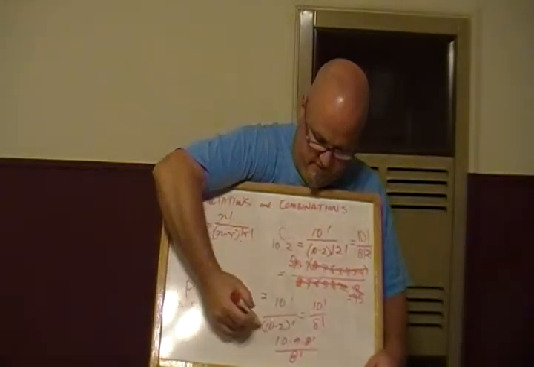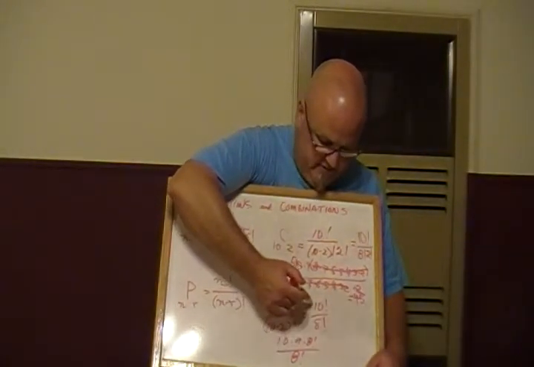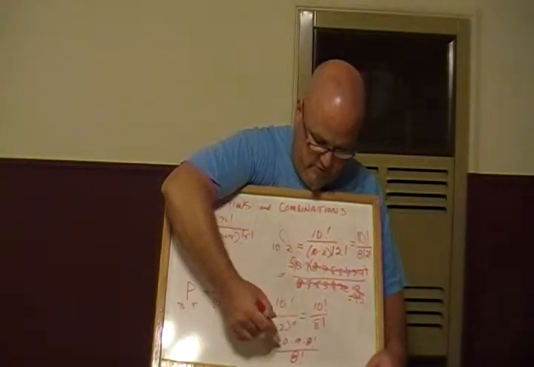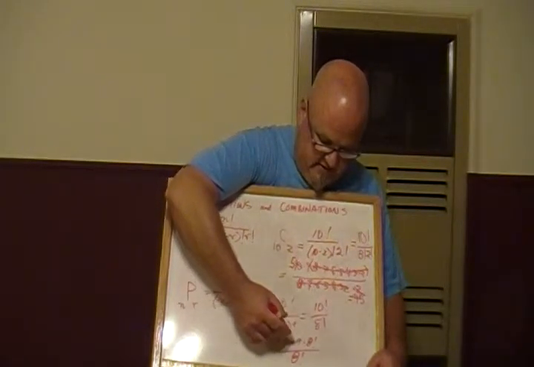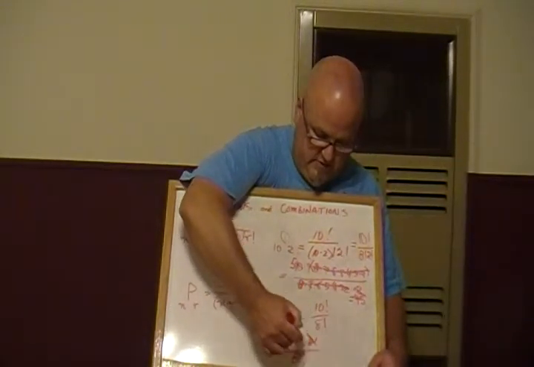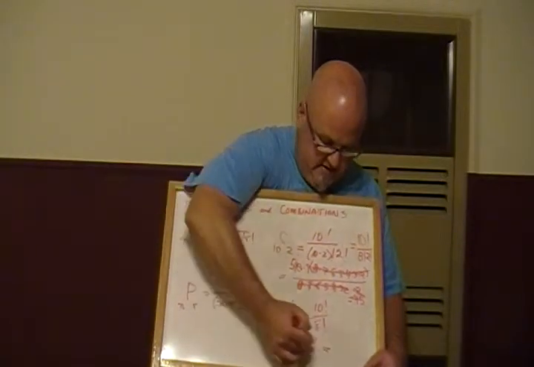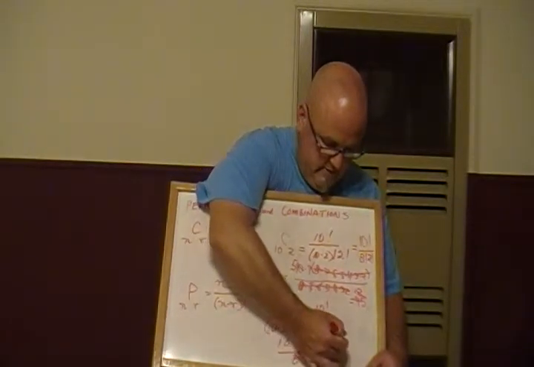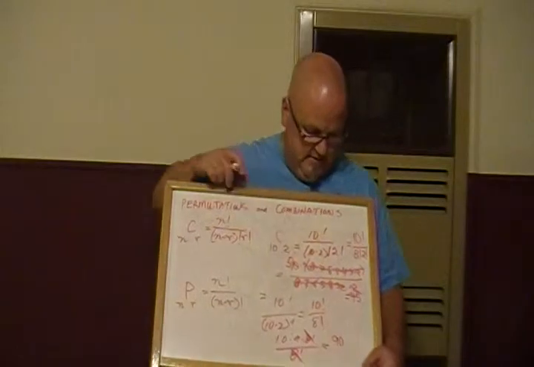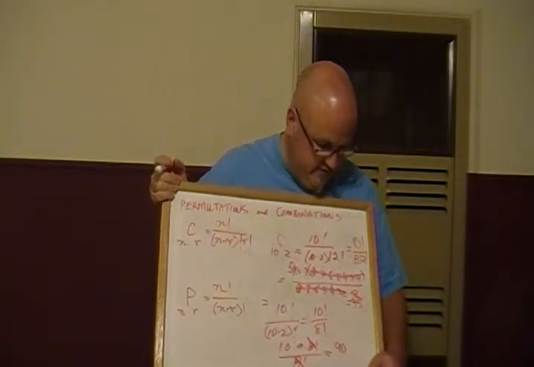You've got 10 factorial over 10 minus 2 factorial equals 10 factorial over 8 factorial, and remember 10 factorial is the same as 10 times 9 times 8 factorial. Whatever that big ugly number is divides out anyway, so we don't need to multiply it. We get 10 times 9 left, and that's 90.